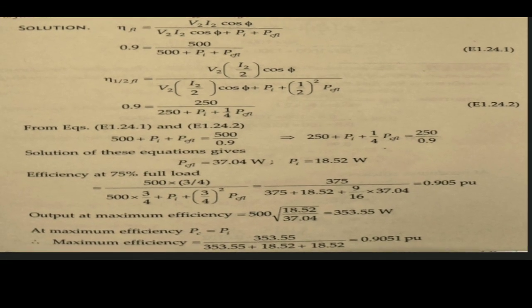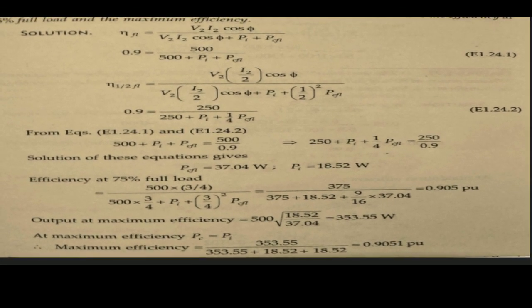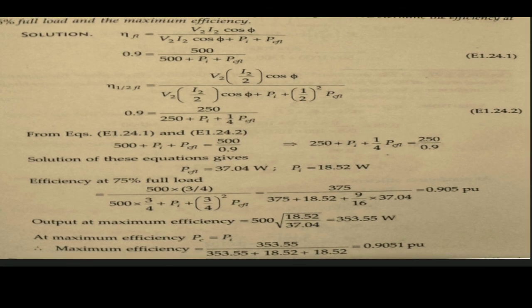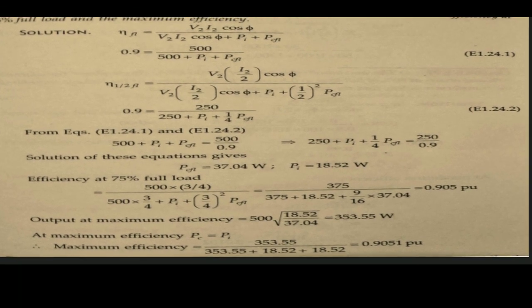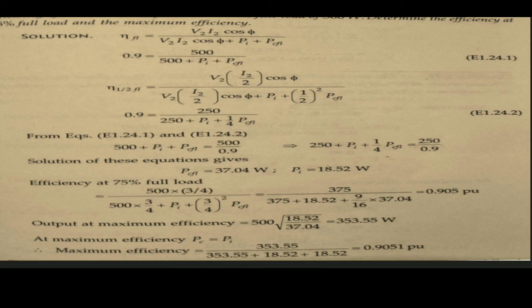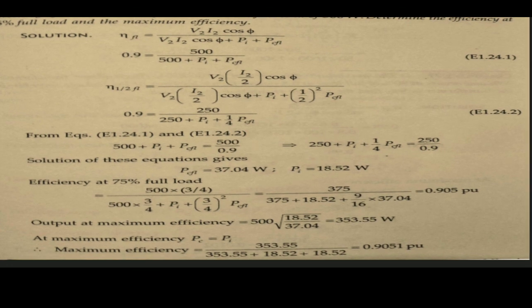That is the power output at maximum efficiency. And we know that at maximum efficiency the copper loss equals the iron loss, so PCFL equals Pi.